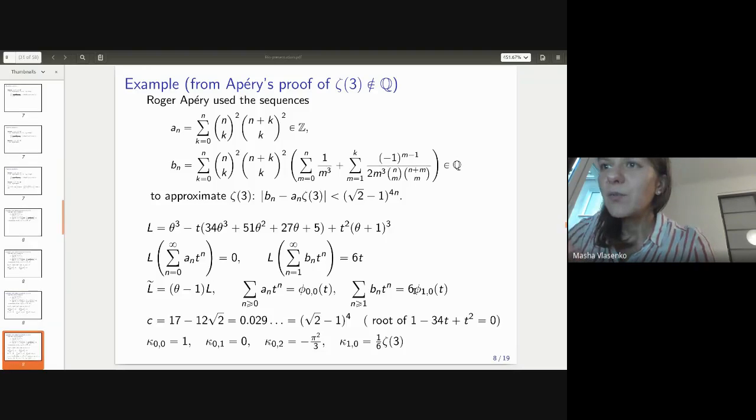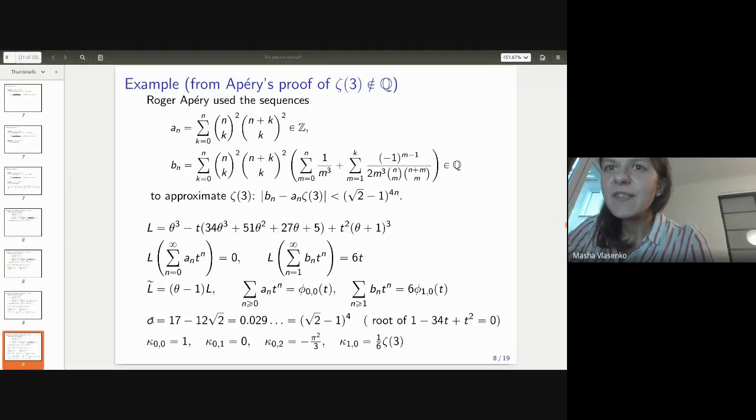If we compute Frobenius constants, in this case they are 1, 0, minus pi squared over 3. This corresponds to the local exponent 0. And this zeta of 3 over 6 here corresponds to Apéry's computation. It shows us that the difference of this power series times zeta of 3 times this power series extends through the closest singularity to 0.